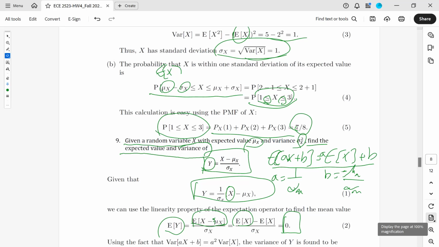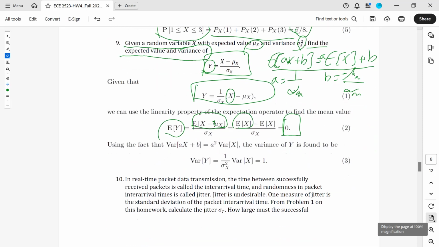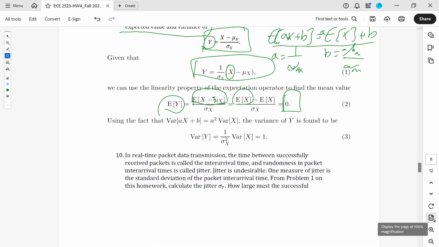Is that clear? Now, let's go for the variance. For the variance, we again could use the linearity property. We said that if we have ax plus b, the variance of that linear transformation of x is a squared times the variance of x. We already went through that and saw the mathematical derivation in class.